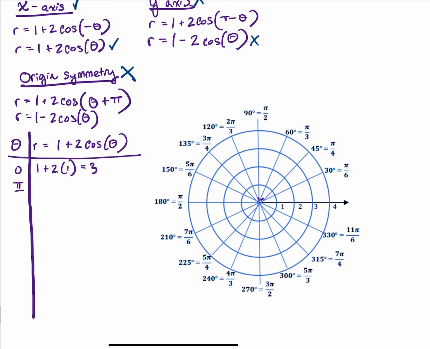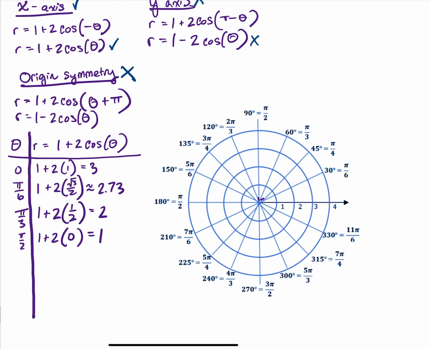Plugging in pi over 6, we get 1 plus 2 times the cosine of pi over 6, which is root 3 over 2. This is approximately 2.73. Then pi over 3, 1 plus 2 times the cosine of pi over 3, which is 1 half. So 1 plus 1 equal to 2. Then pi over 2, 1 plus 2 times the cosine of pi over 2, which is 0, we get positive 1.